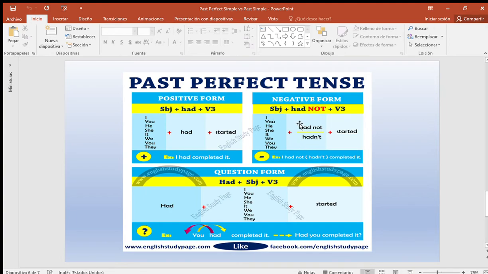The auxiliary works with all the pronouns. And here we have the question: had plus subject plus participle verb. Had can be used with every subject, and the past participle. Here you have an example: I had completed, I had not or hadn't completed, had you completed? Okay, this is the structure.